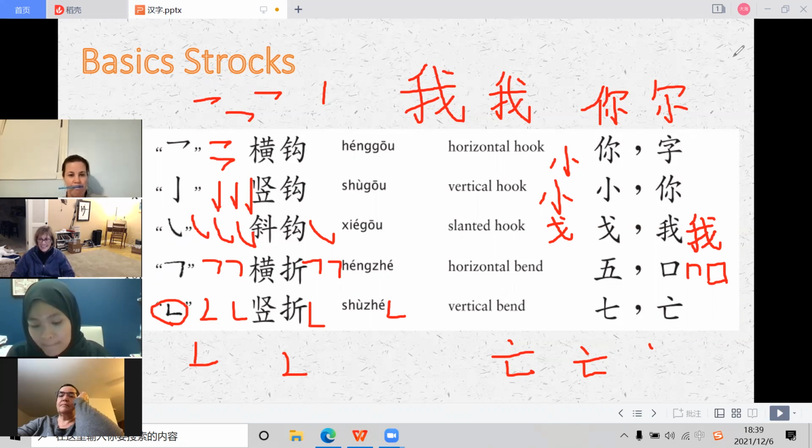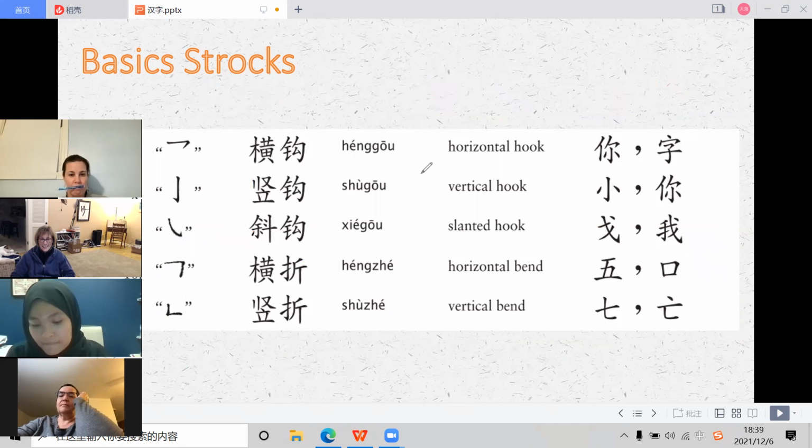Yeah, so these are some strokes in Chinese.